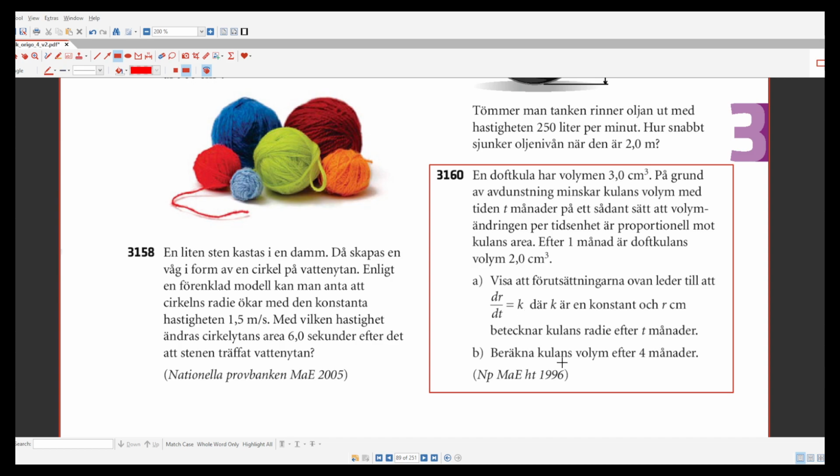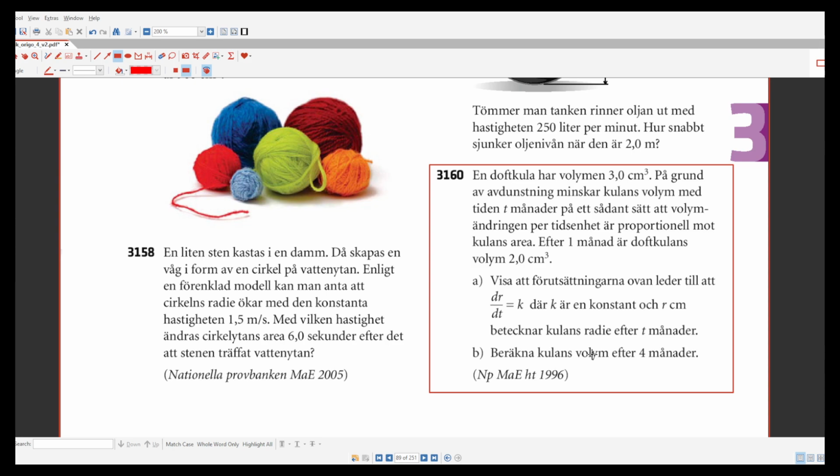And then calculate the volume of this candle if it continues burning for 4 months. It's a very good question. To be honest, I didn't expect that they would give you questions like this in the national exam. Okay, so let us think about it.